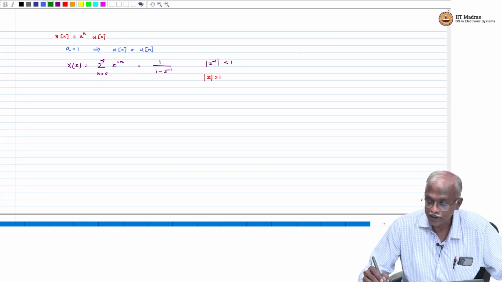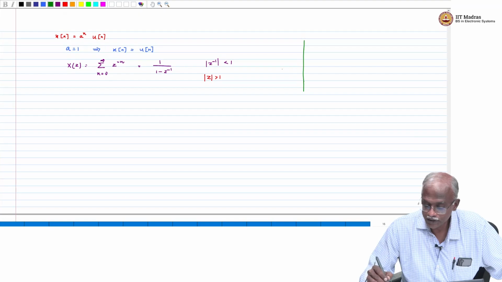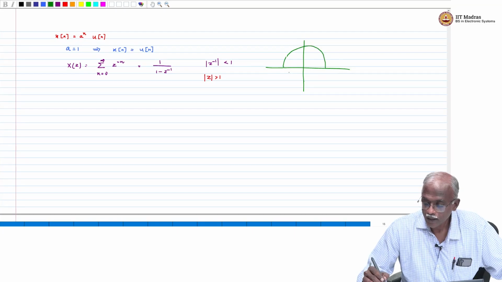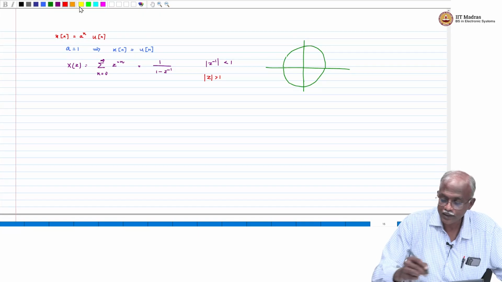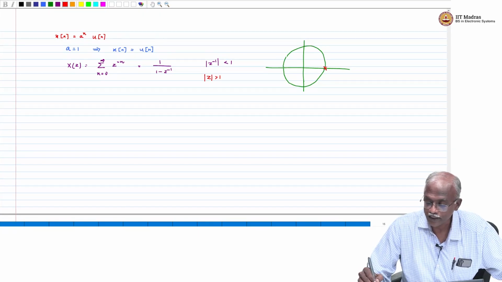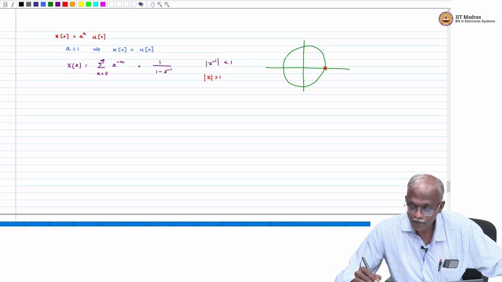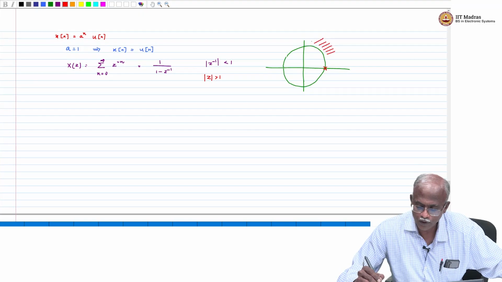What is the region of convergence? This is a case where there is a pole at Z equal to 1, because at Z equal to 1, you will see that this transfer function goes to infinity. There is a pole at Z equal to 1. So, the region of convergence is everywhere outside. It should not touch the circle R equal to 1.